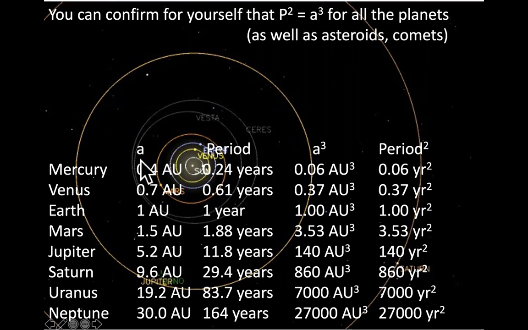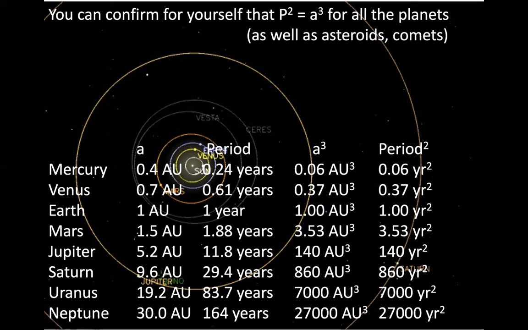And you can just calculate the cube of the semi-major axis and the square of the period, and what you will find is the same number in all these different cases. The value of this number is different for each object or each planet, but it's the same. A cubed and period squared are the same. This also works for any asteroids or comets, and I encourage you to try them out and just see what you get.